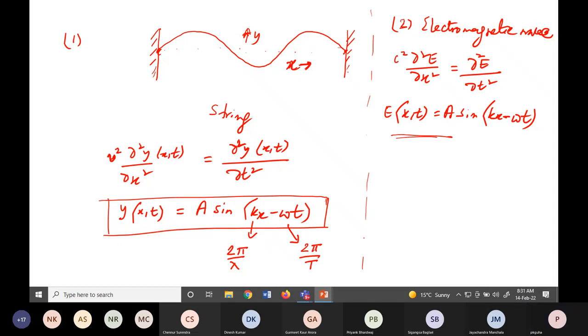So he observed these equations and he proposed the corresponding wave function, which is associated with a matter wave. Okay, what is that wave function he proposed?